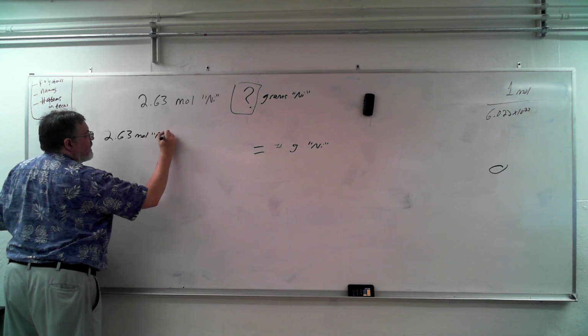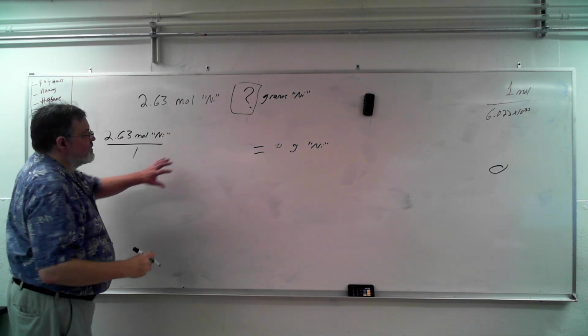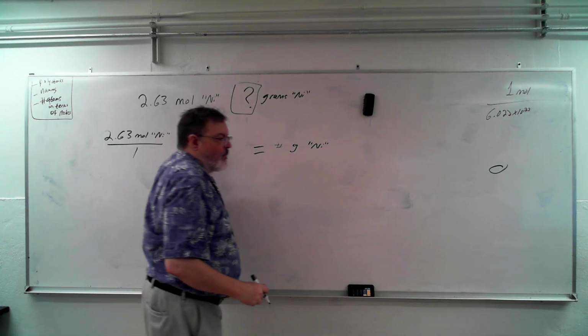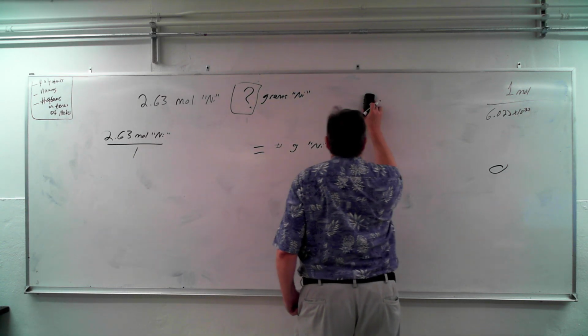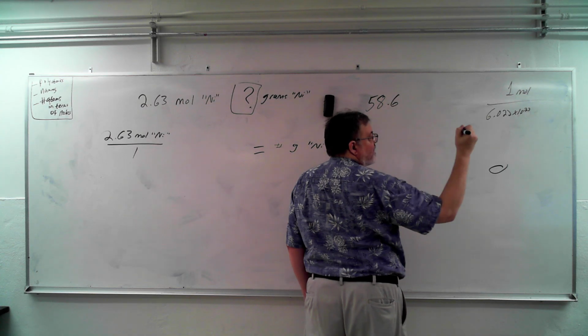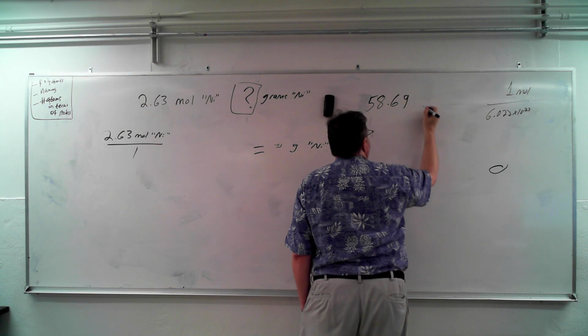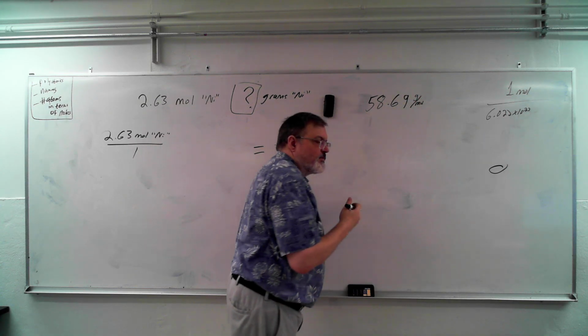Unit, label, I'm going to do my 1 again. And what you need here is from the periodic table. What does it say for nickel? 58.69. And just go ahead and stick on the end of that, grams per mole. It's always grams per mole.